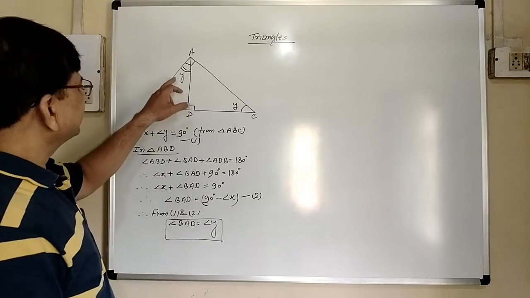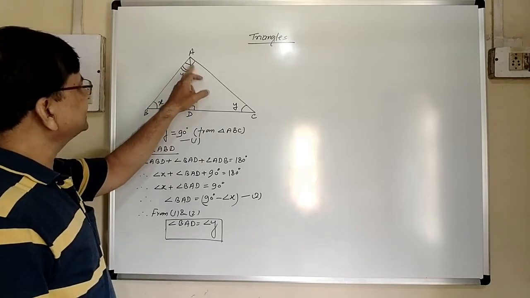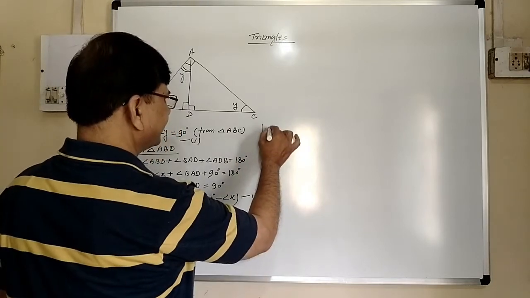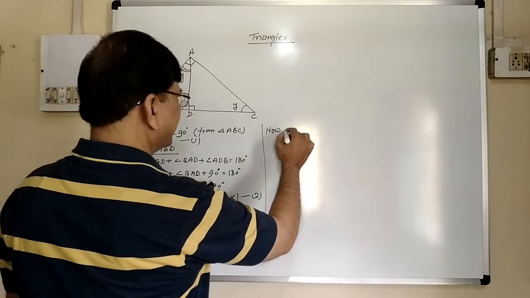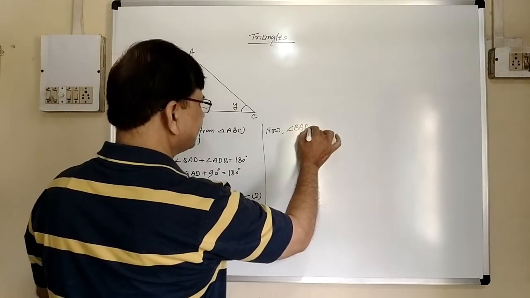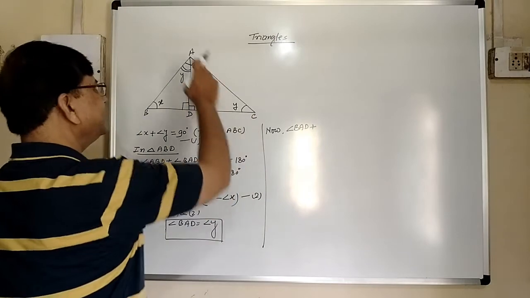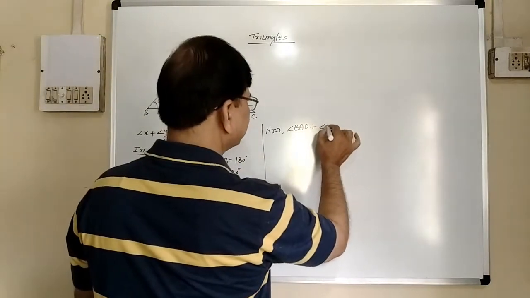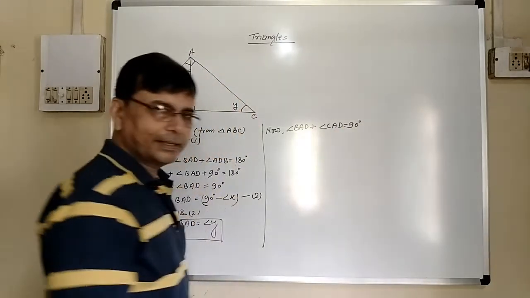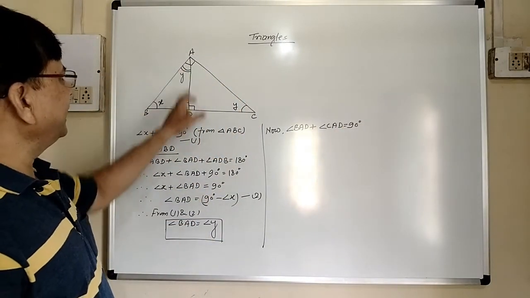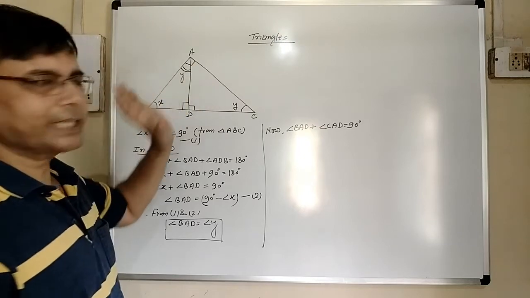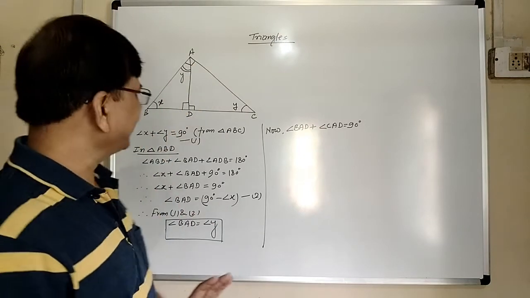Now this angle plus this angle is equal to 90 degree. Angle BAD plus angle CAD is equal to 90 degree, because ABC is a right angle triangle.